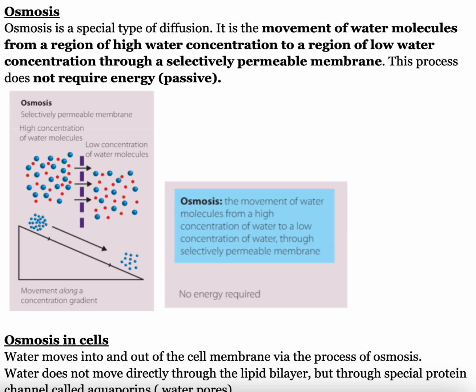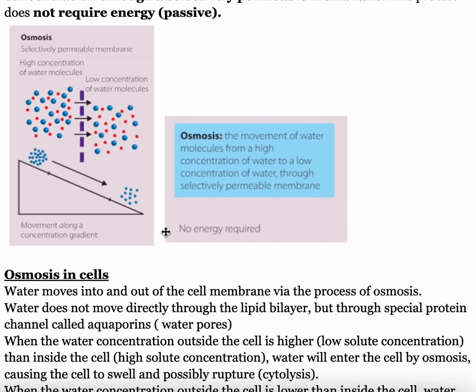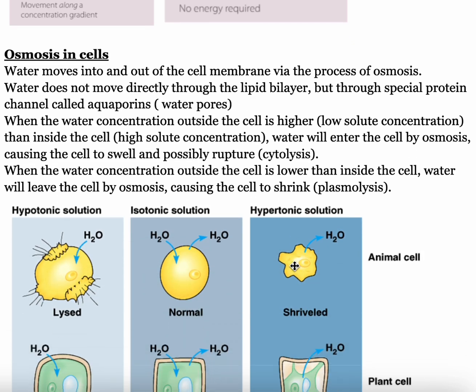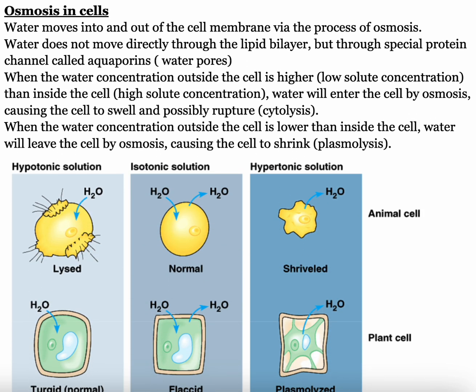This process doesn't require energy. That means that it's passive. So osmosis is passive. As you can see in this diagram here, all the water is concentrated here and it's not concentrated here, so it's just moving that way.